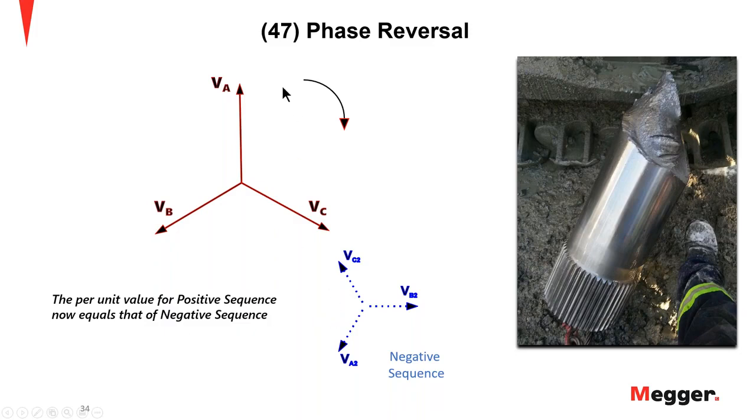Now we're electrically rotating clockwise, and we're still wired physically for a counterclockwise position. Phase reversal protection is very easy to set. It's just an ABC or a phase rotation setting, and the relay usually takes it from there.